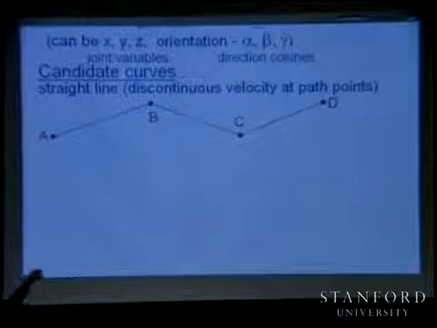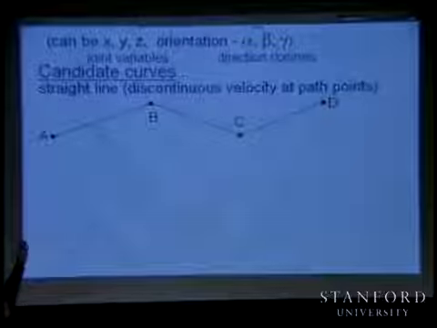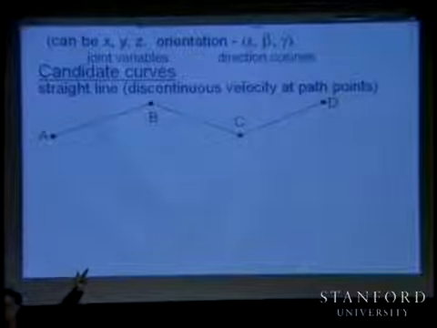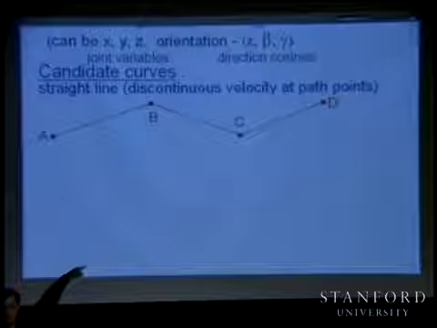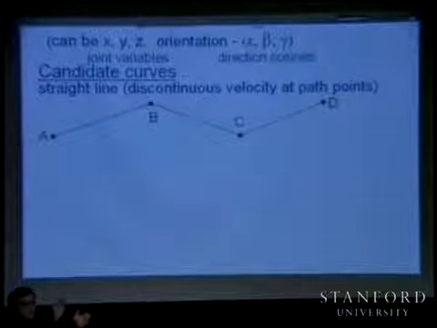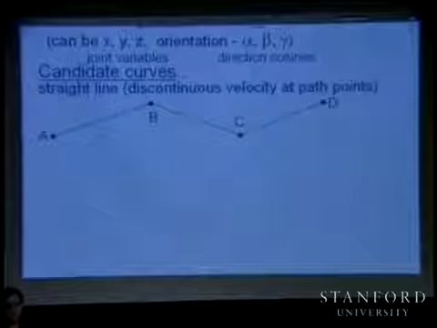As we said, we'll see it in the formulas in more detail, but basically if we plan a straight line from A to B, we can't guarantee that the straight line from B to C will have the same velocity at point B as the ending velocity of the previous segment, okay? So it's going to be a discontinuous jerky motion.